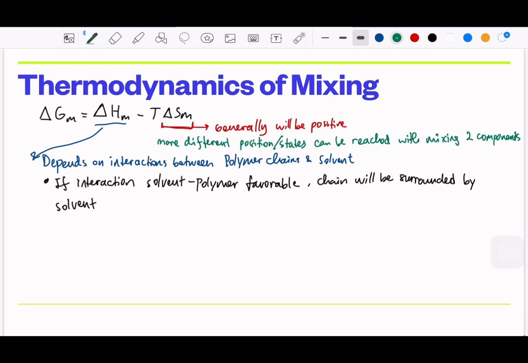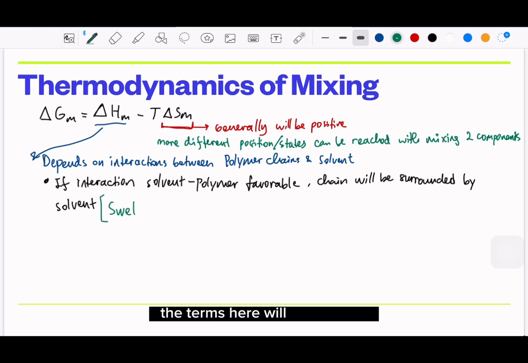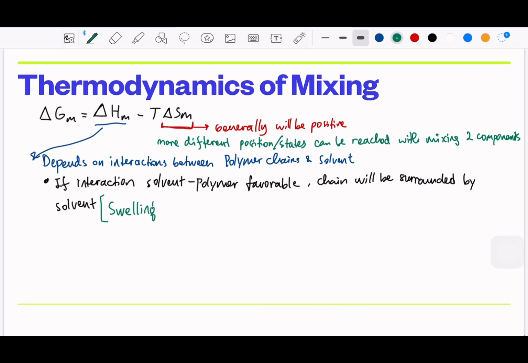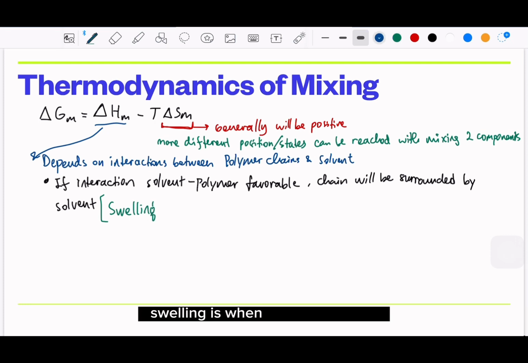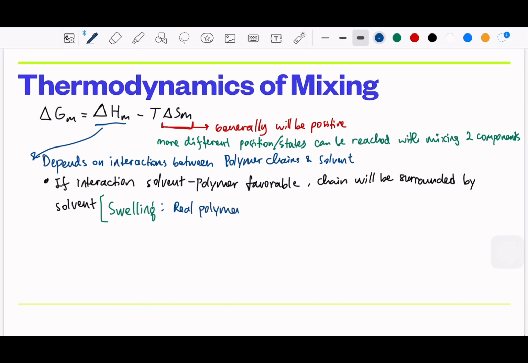Which we call swelling. Okay. Swelling is when the real polymer is larger than the ideal configuration.